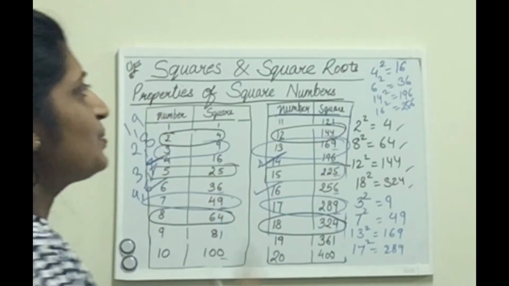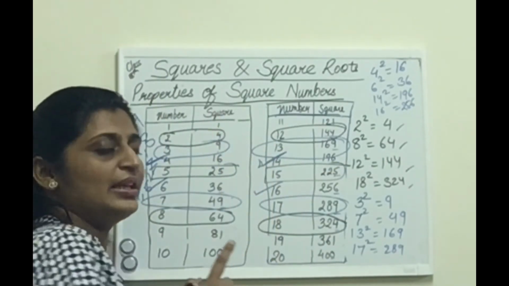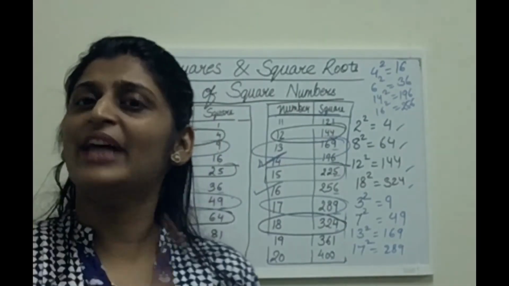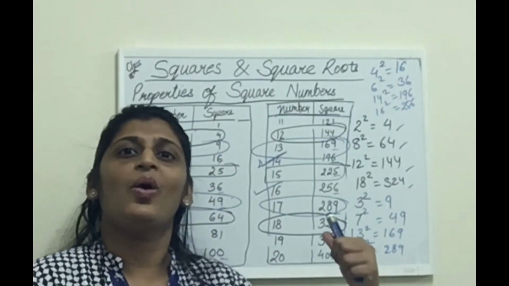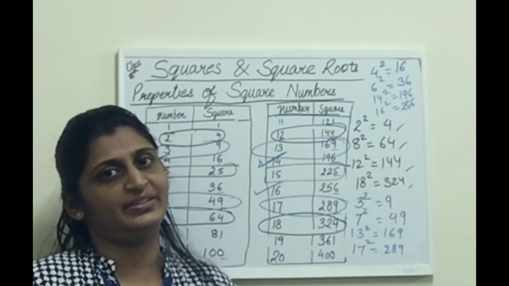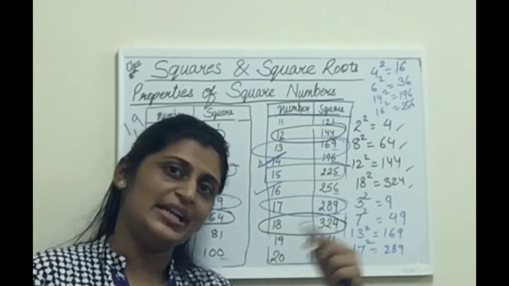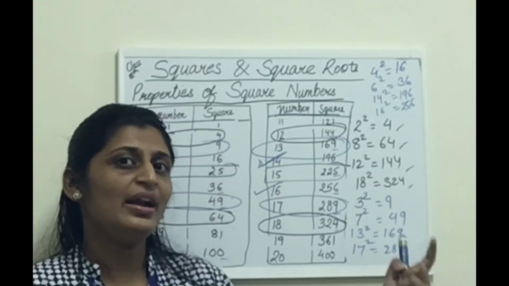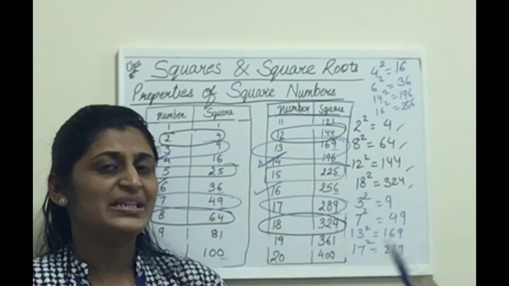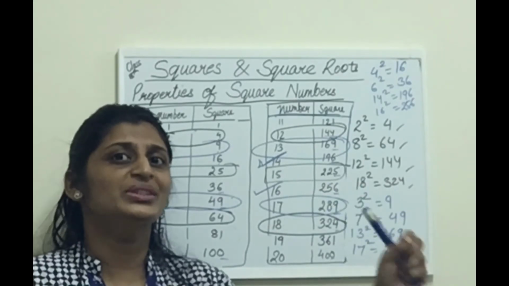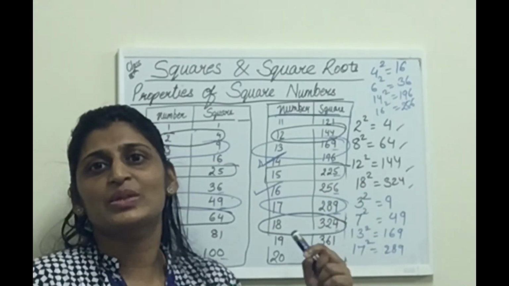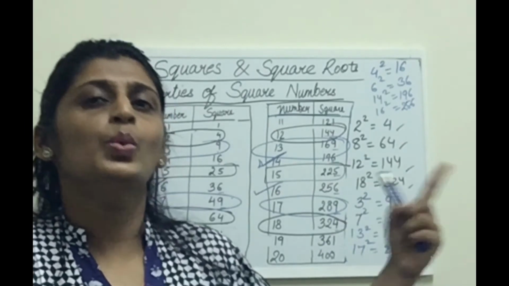So this is the next property, that the number whose unit digit is 5, the square of that particular number also has unit digit 5. So the square of 5 ends with 5.